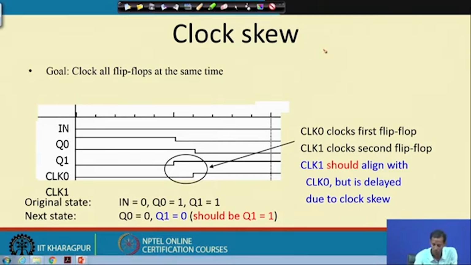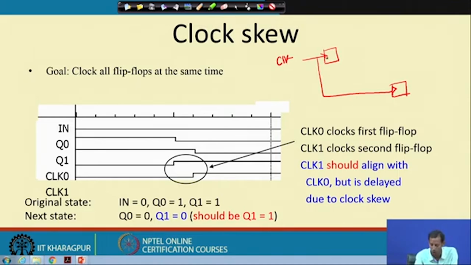Suppose I have a flip flop over here and another flip flop over here, and they are connected through the clock.